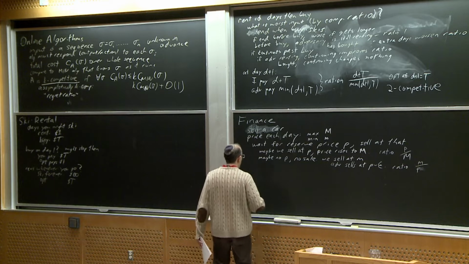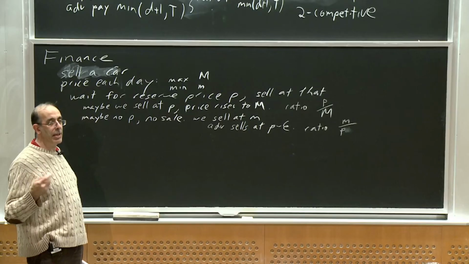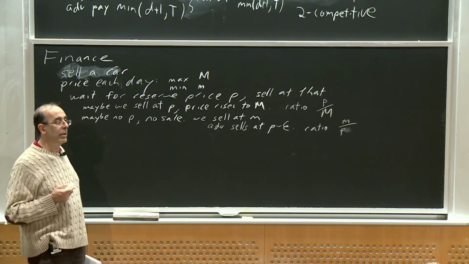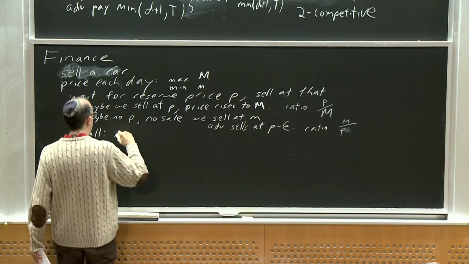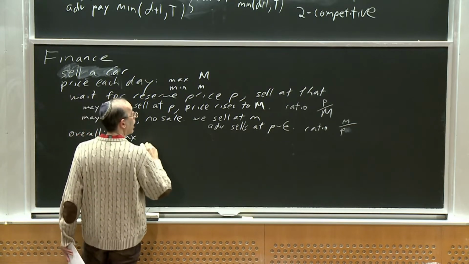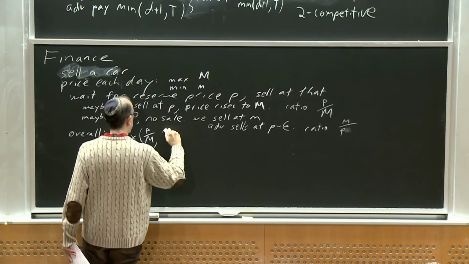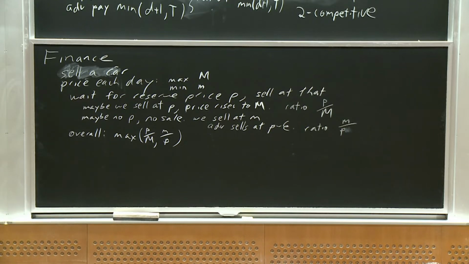So the adversary is trying to make things bad for us. So after we decide what our P is, the adversary is going to make things the worst of these two outcomes, right? So overall, our ratio is going to be the maximum of P over big M and little m over P, right?